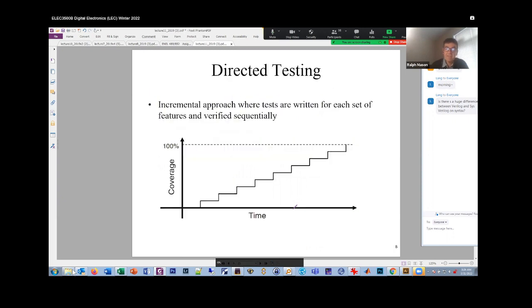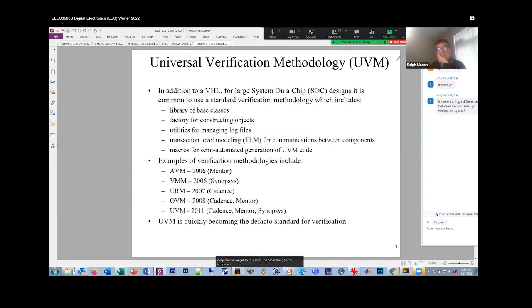Okay, before we get to this stuff, the other thing that's important that you'll run into out in industry is, in addition to System Verilog, people have come up with a design methodology, and it's called the Universal Verification Methodology, or UVM. You'll hear this term all the time.